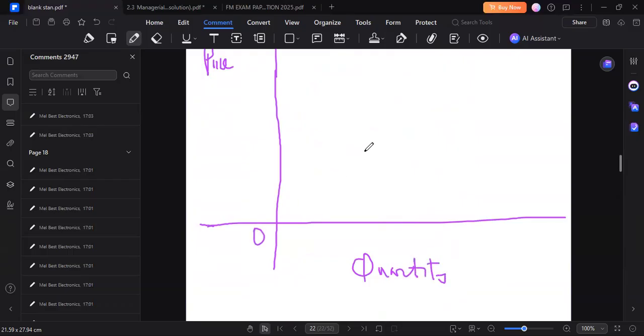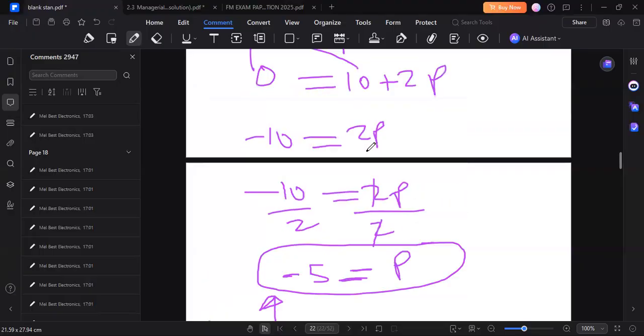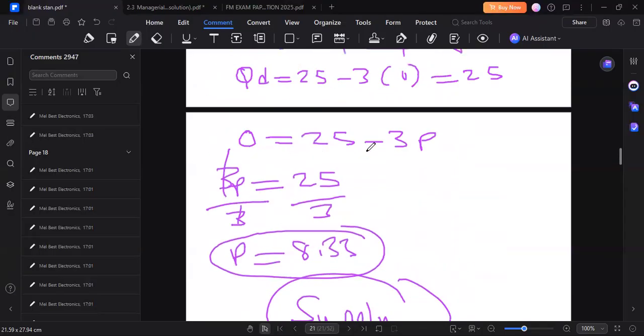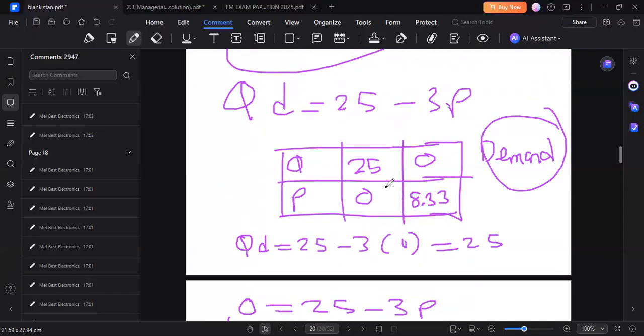Here you put the 0. Then you simply start with this one: (0, 25).